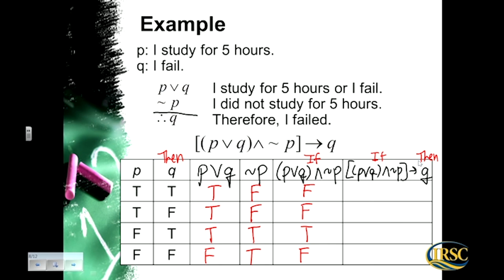Okay, so where it's if false, I don't even have to worry about it because it's already broken the pattern. So that's true and that's true. If true, then true, I'm okay. So that's true. And then if false, I already know it's going to be true. So I got all trues, so therefore this is valid.